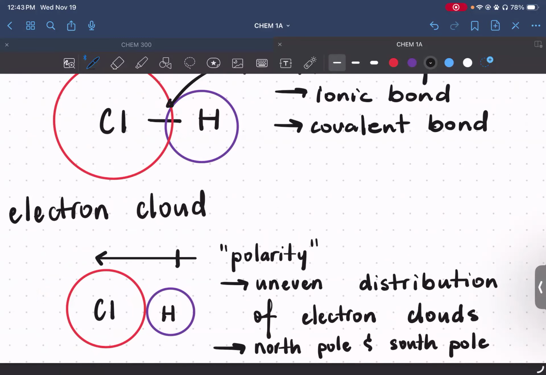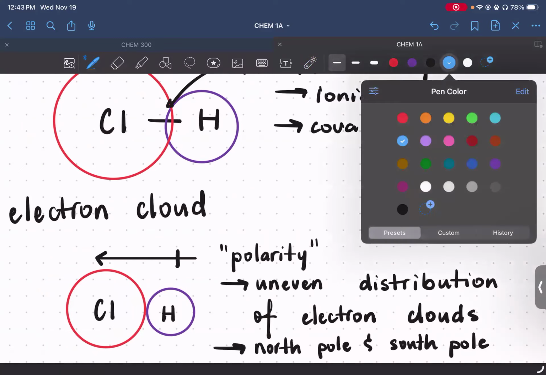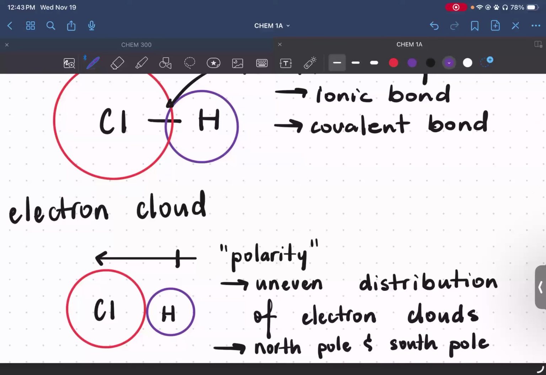Although these North and South poles aren't necessarily one or the other, meaning, based on how we drew it, there's clearly no atom that's north, but rather the idea that there is a clear north and a clear south, such that we can say that the chlorine is slightly negative.